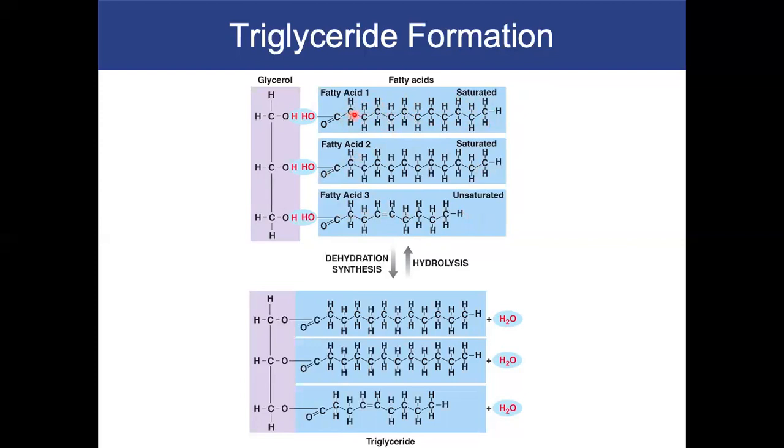So this has 4 bonds, that has 4, that has 4, that has 4, that has 4. So each carbon has a maximum number of bonds. The fatty acid 2 in this picture is saturated. Fatty acid 3, take a look at the 1, 2, 3, 4, the 4th carbon. Do you see how there's a double bond there?